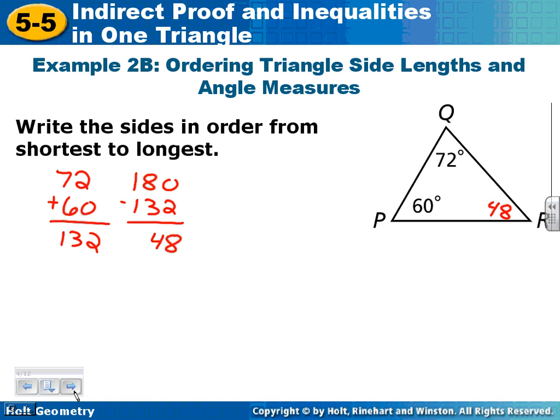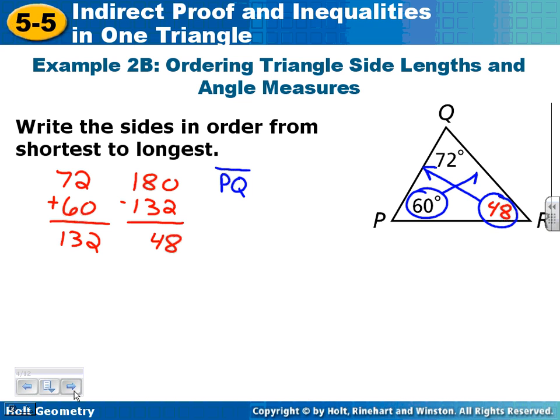Well, what would be my smallest angle? And that's that 48. I will circle it. So the shortest side is opposite that. So my shortest side would be PQ. My medium side, or my second smallest, would be with this 60.